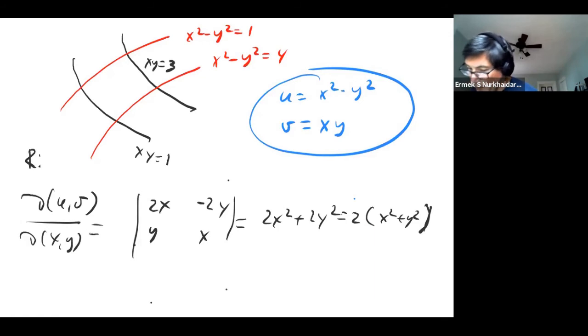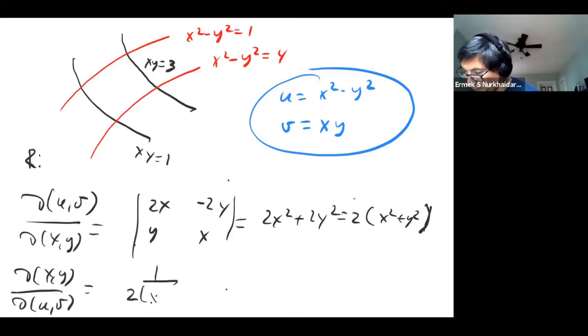Okay. Now the Jacobian from xy to uv is going to be 1 over what we just got, and if needed, take the absolute value of that expression.